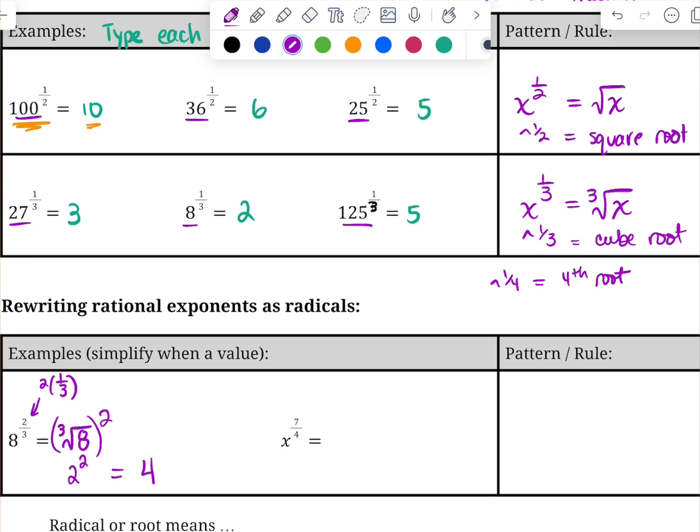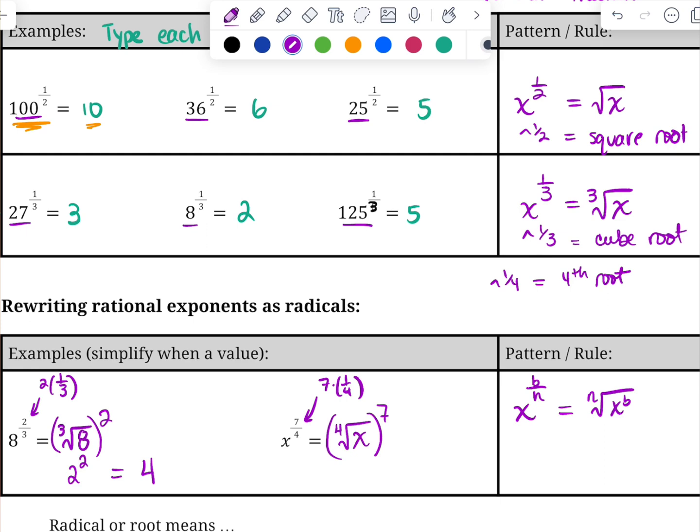And here, this would mean that we have the 4th root of x to the 7th power, right? Because really this is 7 times a 4th. All right, so in general, if you have a variable or number to some b, let's call it over n, really doesn't matter, then that is going to turn into the nth root, and x is going to be to the b power.